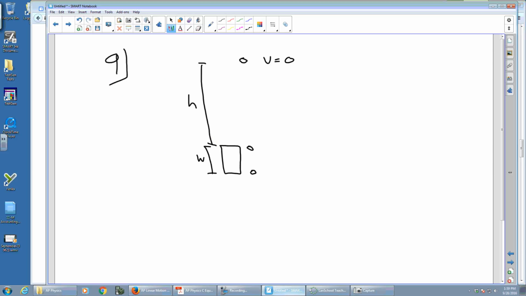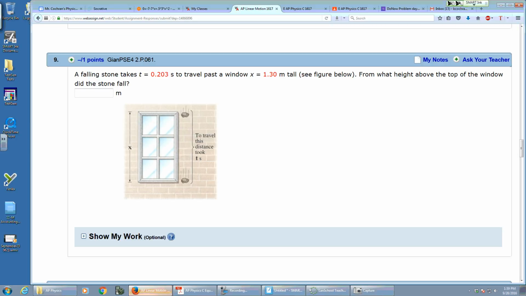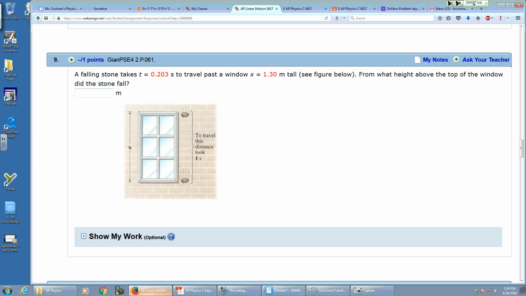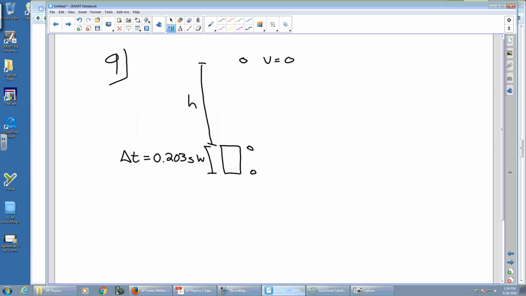And they told us delta t here, 0.203, and it's 1.30 meters.